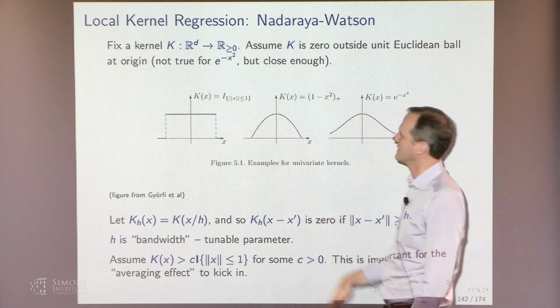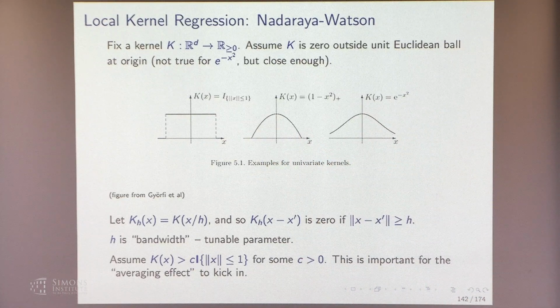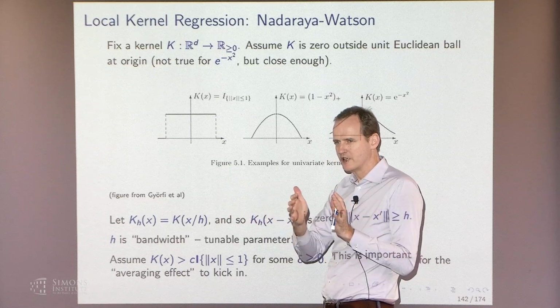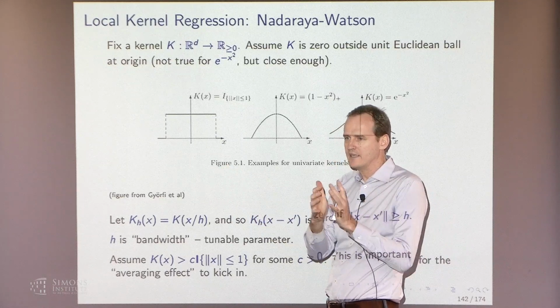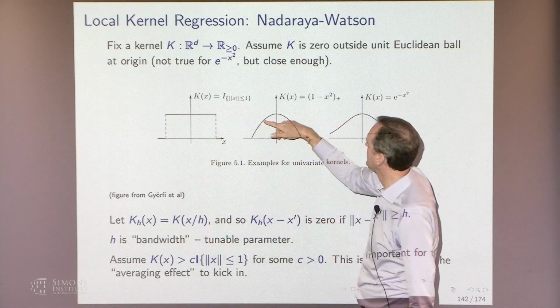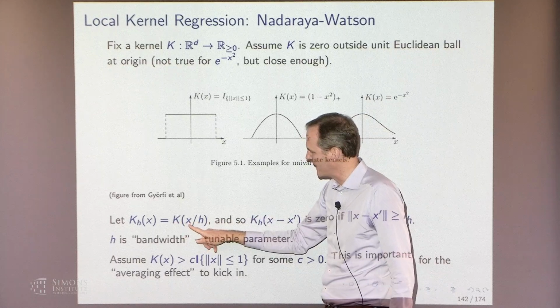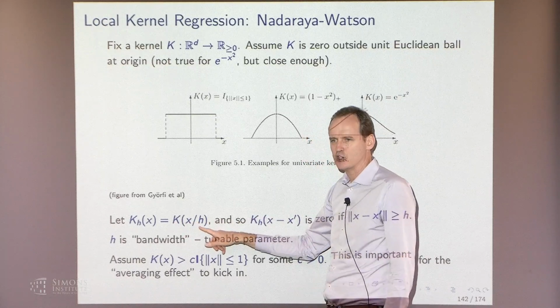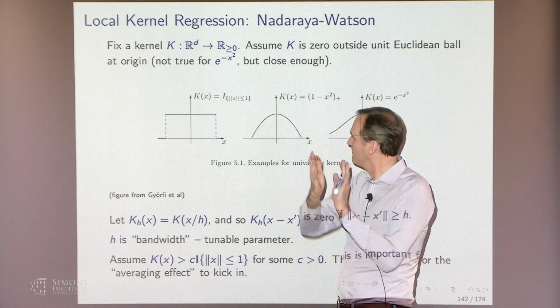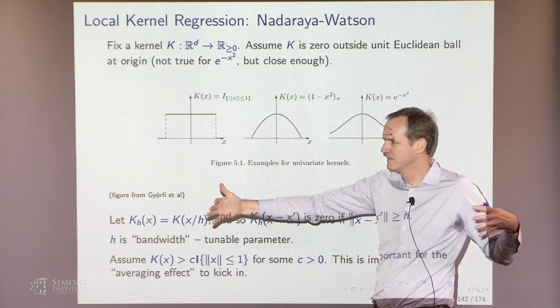Or maybe you want to consider some other kind of kernel. And this is the way that we weight nearby points. Right? So in this case, the parameter that we have to play with is a bandwidth parameter. It's varying how wide this shape is, varying the scaling on the x. So we consider this fixed kernel function evaluated at x scaled by h. Right?